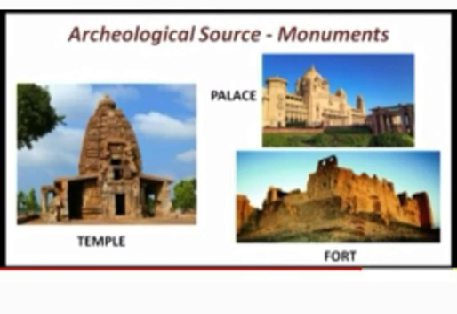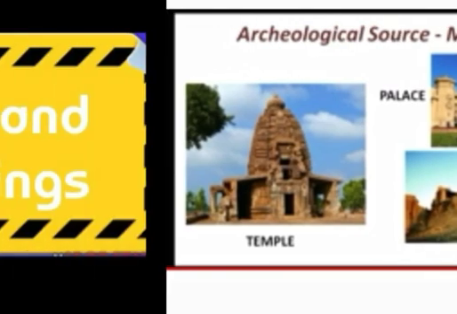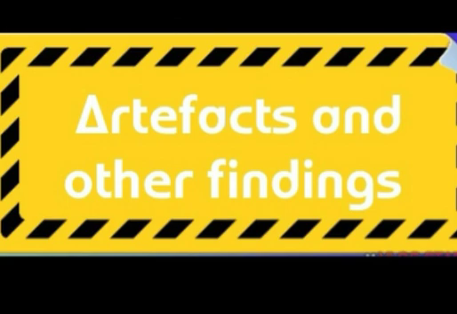Example, Sanchi Stupa, Ajanta and Ellora caves. Then last, artifacts and other findings. These are man-made objects of the past, like ornaments, tools. These also give valuable knowledge about our past.